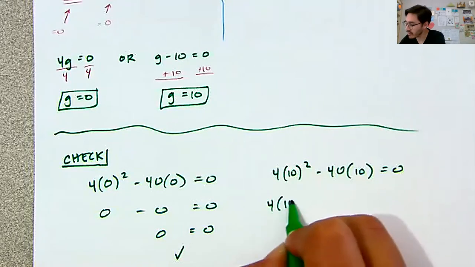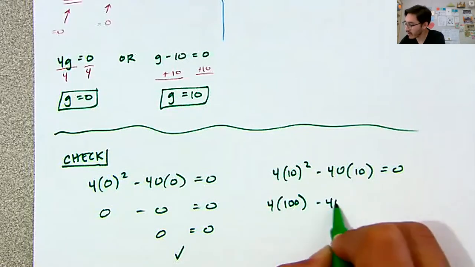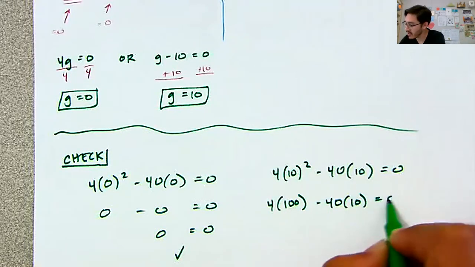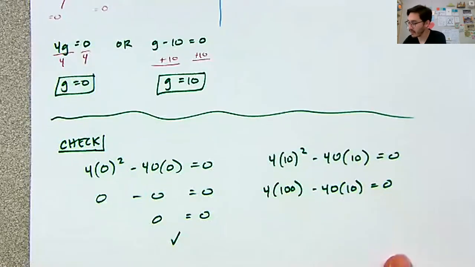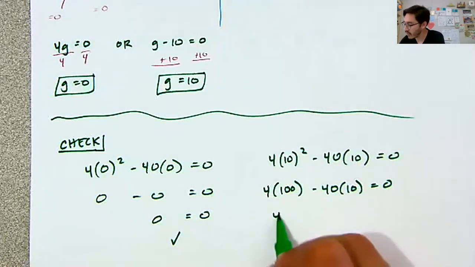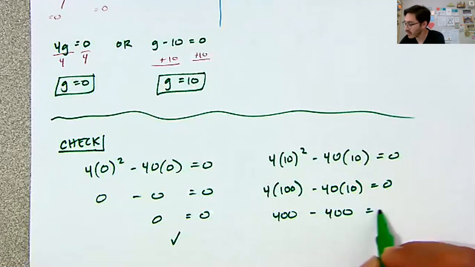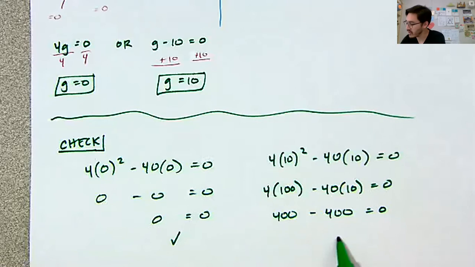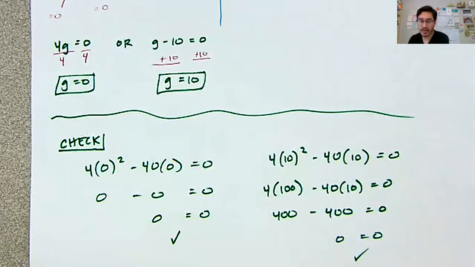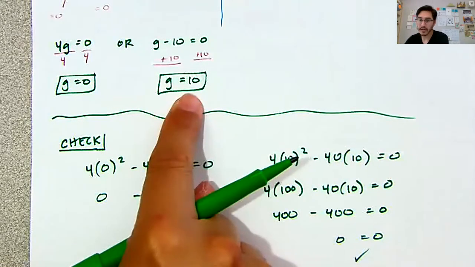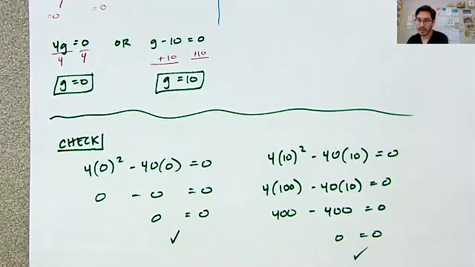So this will be 4 times 100 minus 40 times 10 equals 0. 4 times 100 is 400. 40 times 10 is also 400. 400 minus 400 is 0. So again, we get that both of these values make the equation true. They make both sides of the equation the same value.